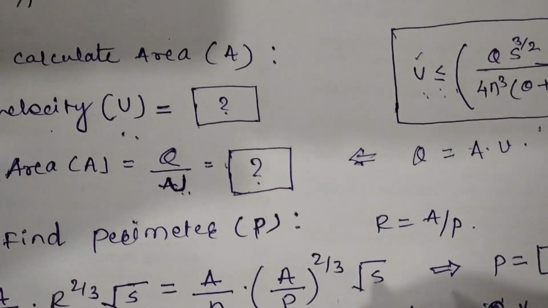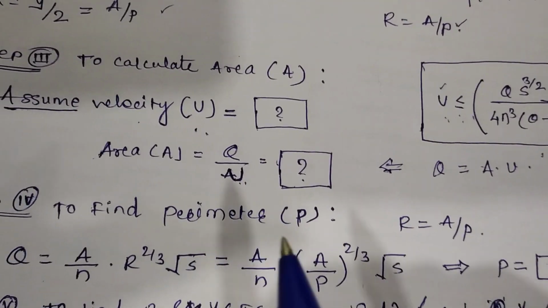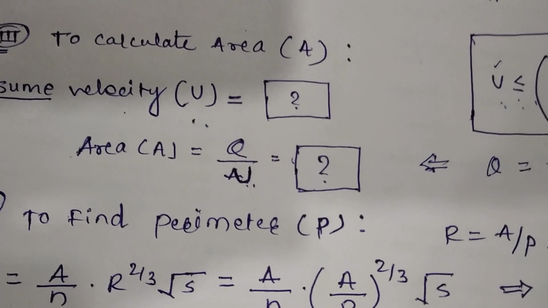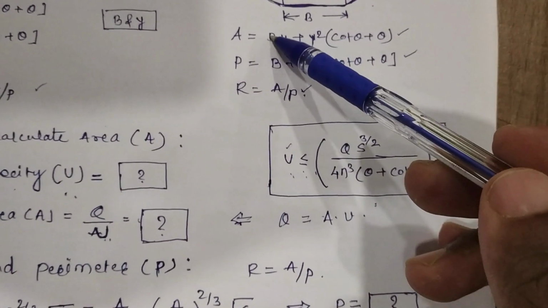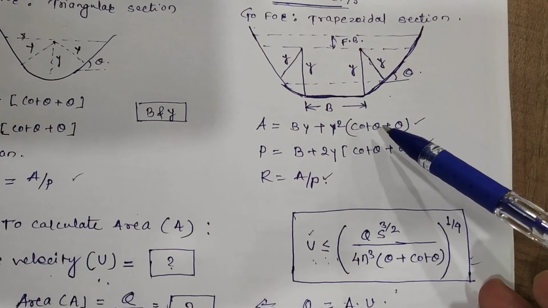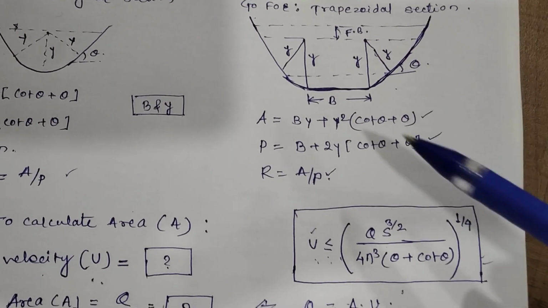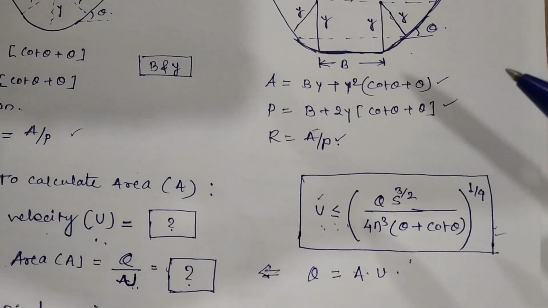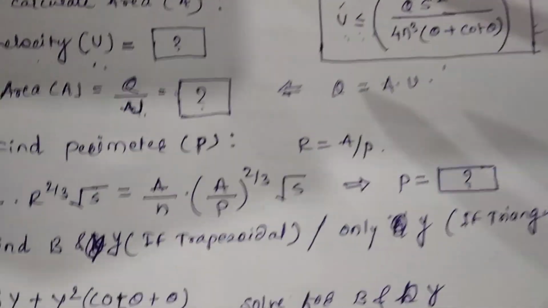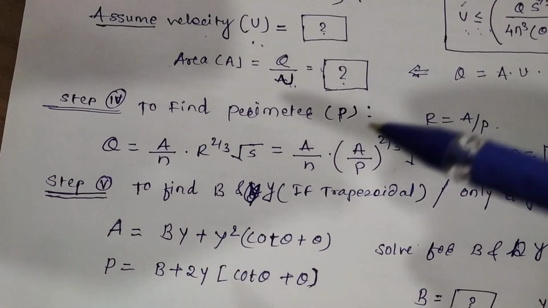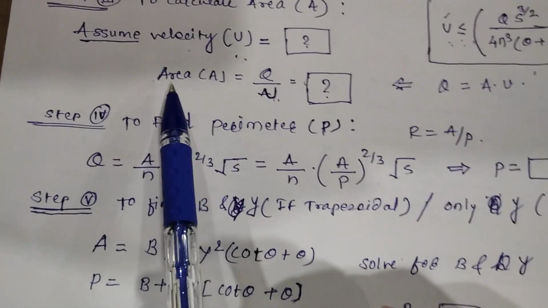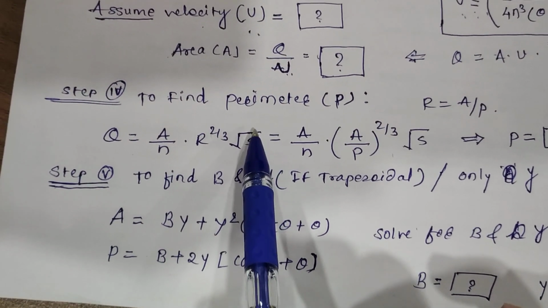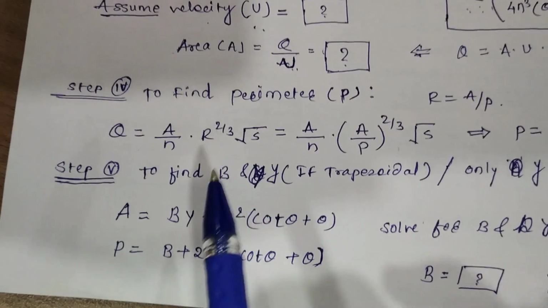So you will get the area, but we still have two unknowns and a single equation: area is equal to By plus y squared times (cot theta plus theta). If we get P, then we have two equations and two unknowns. So how to get P? Coming back to the Manning's equation, Q is equal to A by N times R to the power 2/3 times S to the power half, the square root of the longitudinal slope.